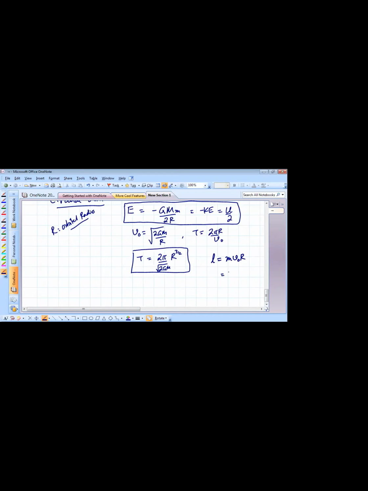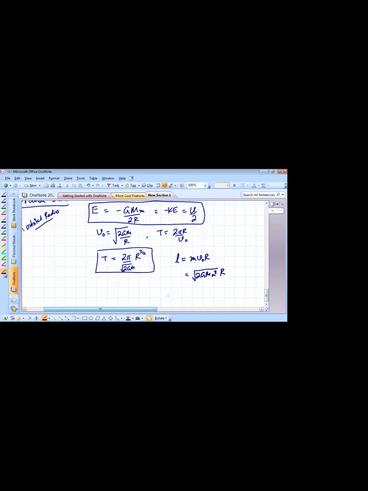So this will become square root of G capital M small m cube, okay, into r to the power half.